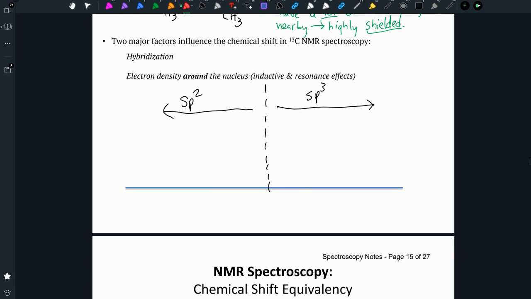And then within each of those sections, anything that takes electron density away from that area is going to de-shield and push them to the left. So more de-shielded, meaning less electron density. We'll push things to the left in both cases.